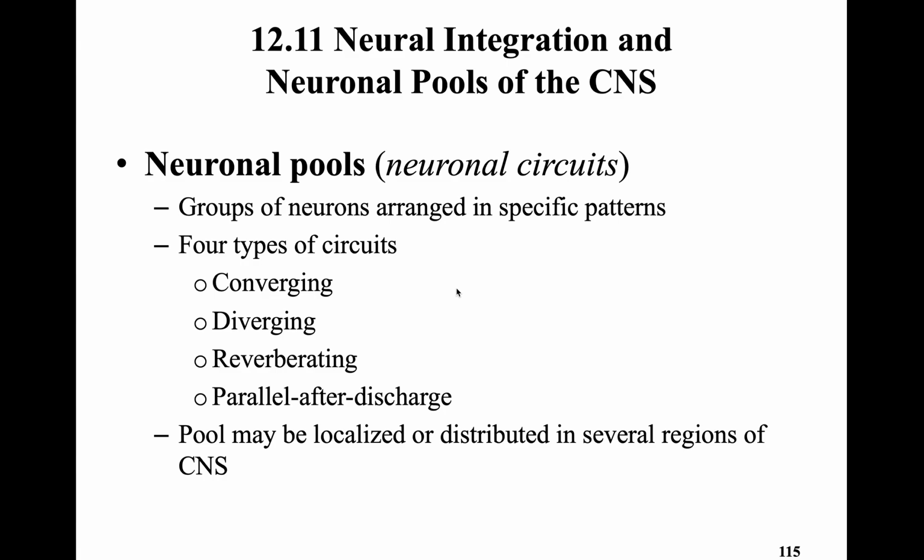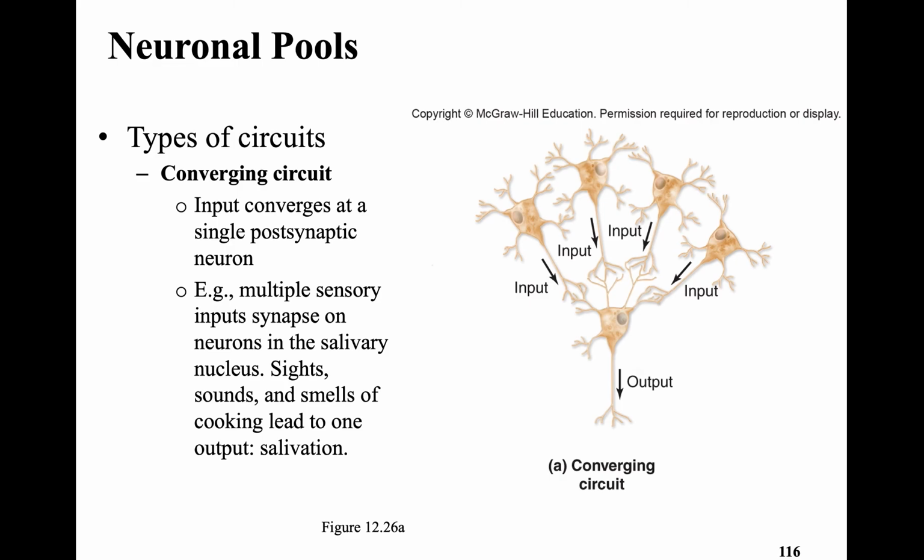We're going to do it by way of a picture on page 478. Here's the first one. We're going to do one by one. The first one is called converging. Now these 4 that we're going to see in a moment are called types of circuits. What I'm going to do is describe them, and that's what you need to know for the purpose of the test.